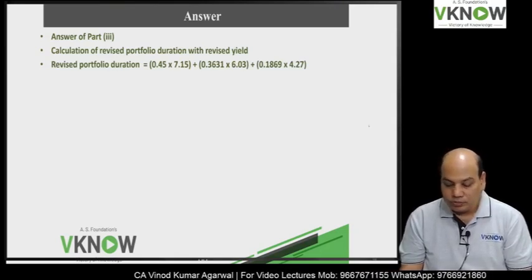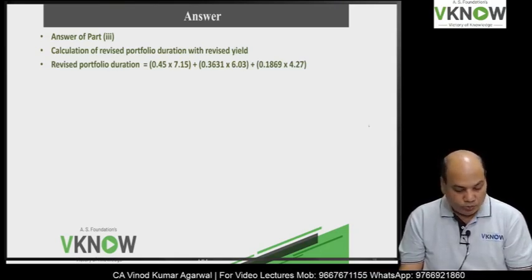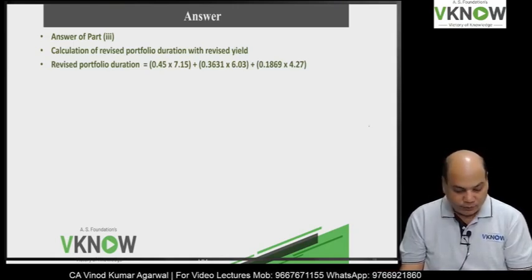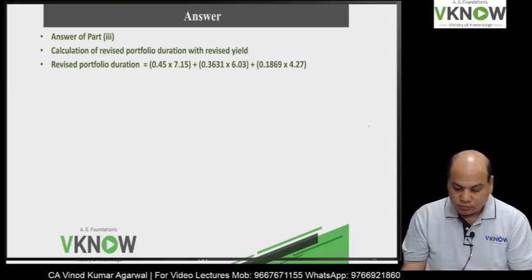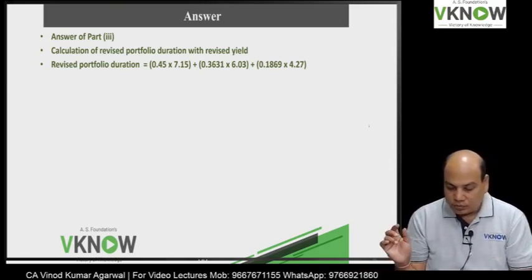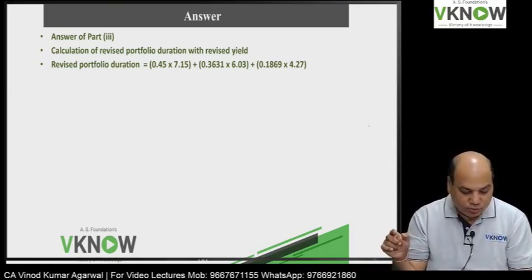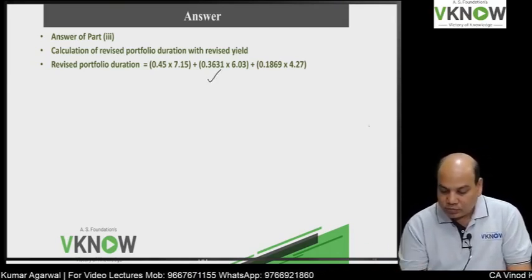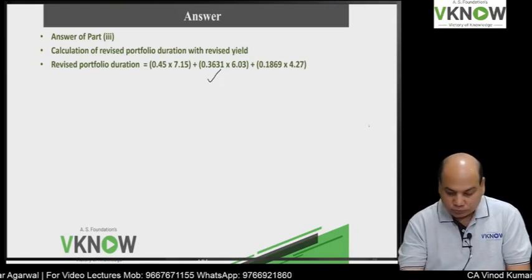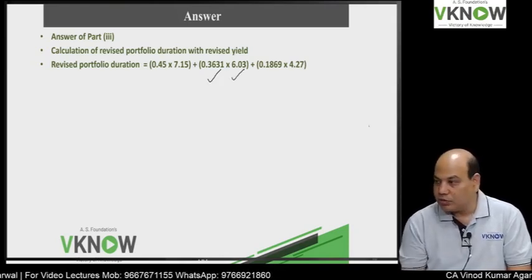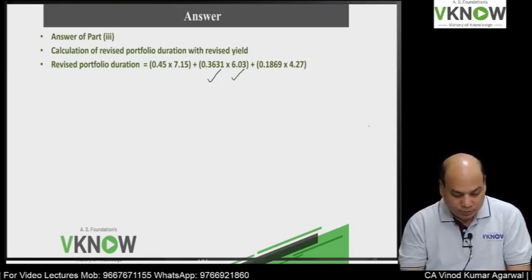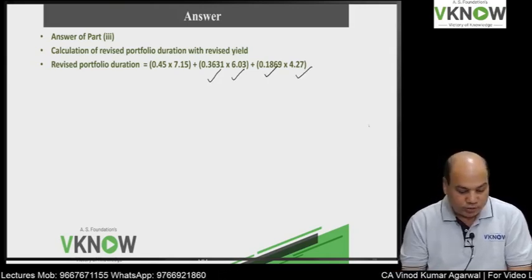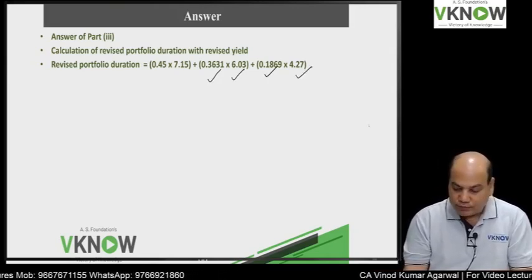So write down below: equals 0.45 into 7.15, that is your weight of bond A and the revised duration of bond A, plus 0.3631 into 6.03, that is the revised duration of bond B, plus 0.1869 into 4.27, that is the revised duration of bond C.